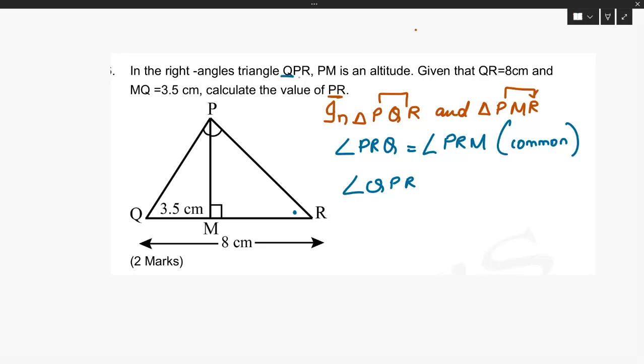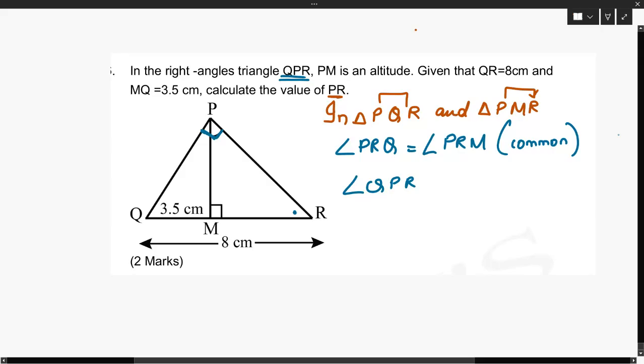But see, they have given in the question that this is a right angle triangle. How can we miss such valid information? So that angle is 90 degrees. QPR in the big triangle is equal to PMR, and both are 90 degrees.